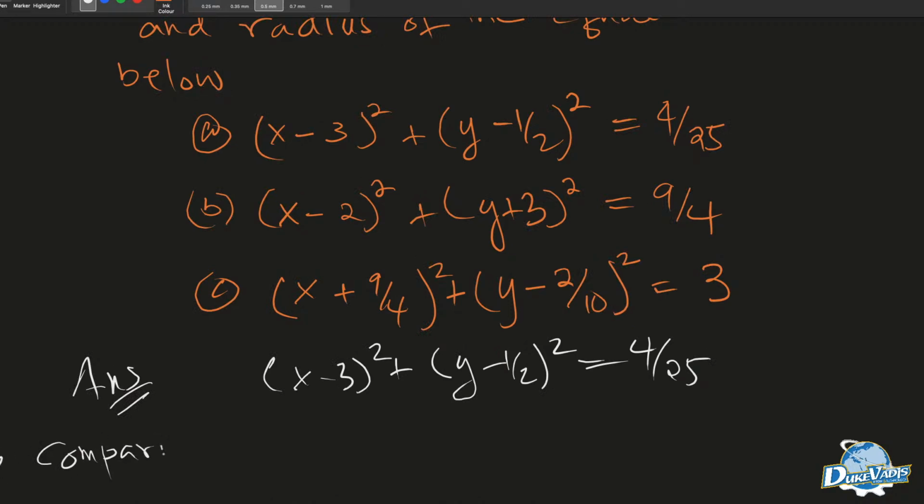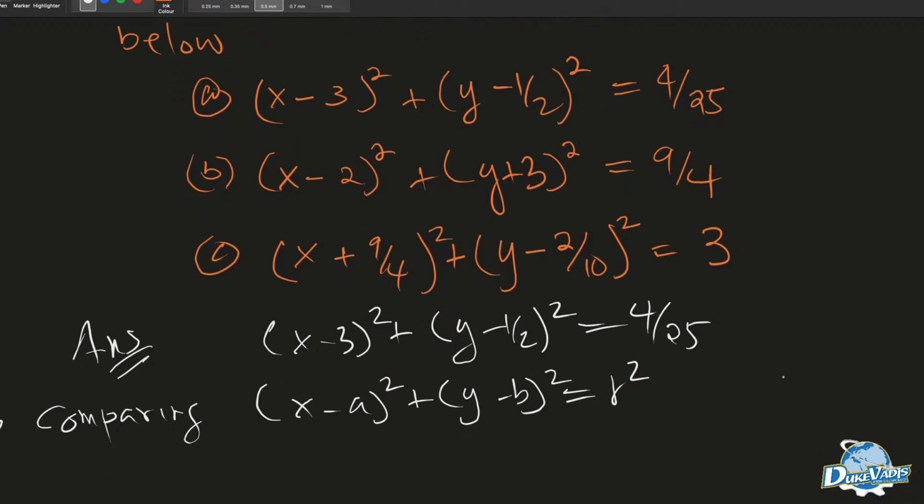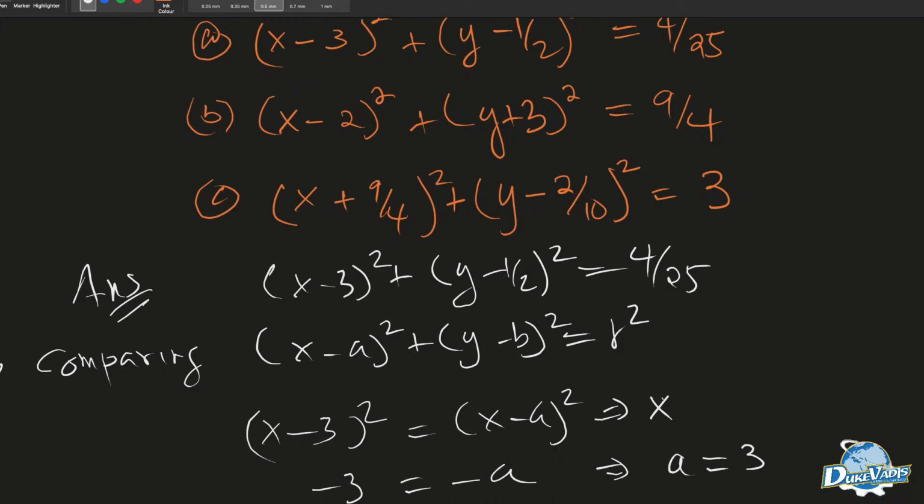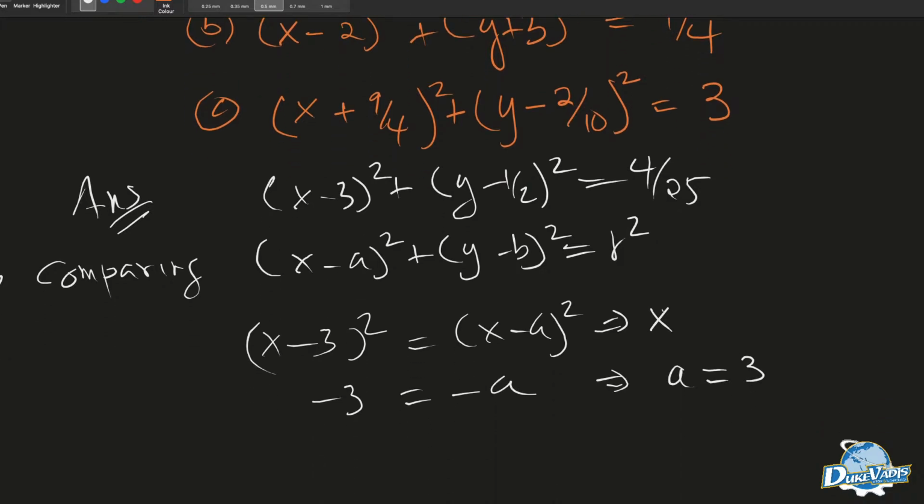By comparing our equation to x minus a squared plus y minus b squared equals r squared, we say x minus 3 squared equals x minus a squared, so minus 3 and minus a. So for the x, a will be equal to positive 3.